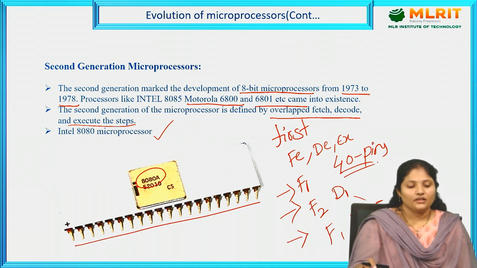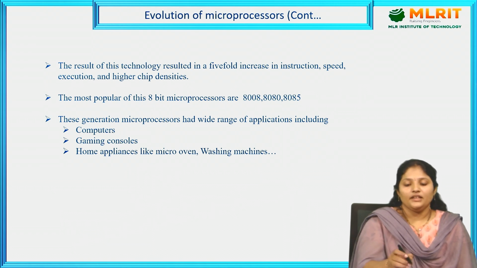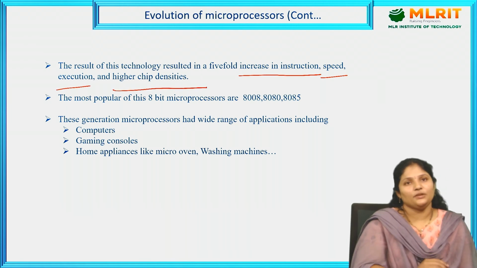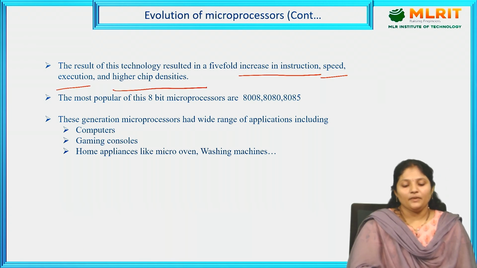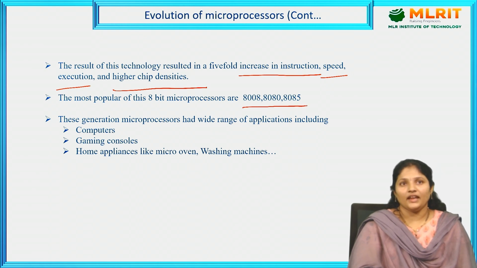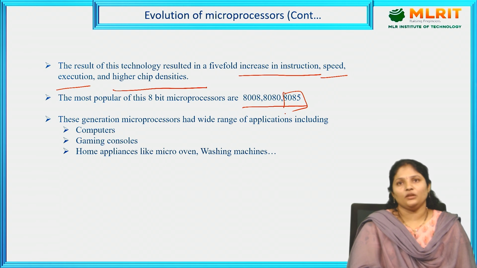So next, the result of this technology is increased speed of execution and higher chip densities. 8-bit microprocessors are the 8008, 8080 and 8085. 8085 is the first commercially successful microprocessor.